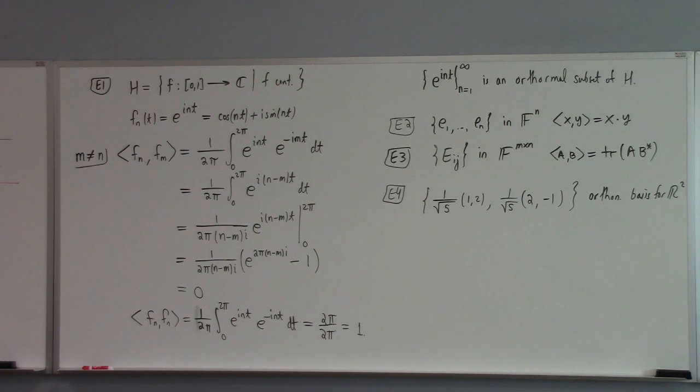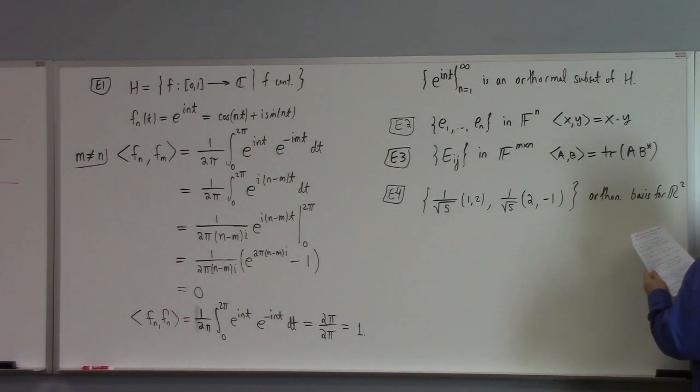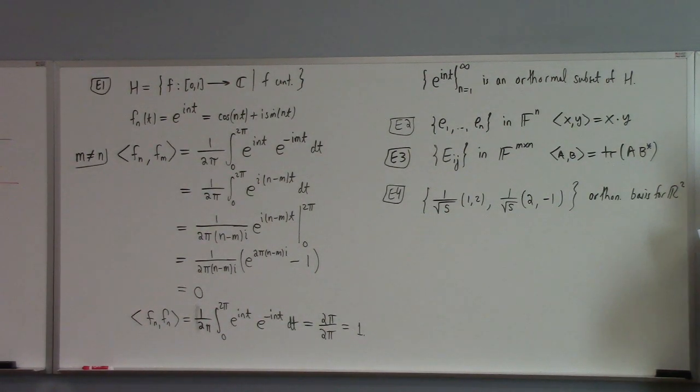Then if y is in the span of S, then y is equal to the sum i equals 1 to k of the inner product of y with vi divided by the length of vi squared, times vi.